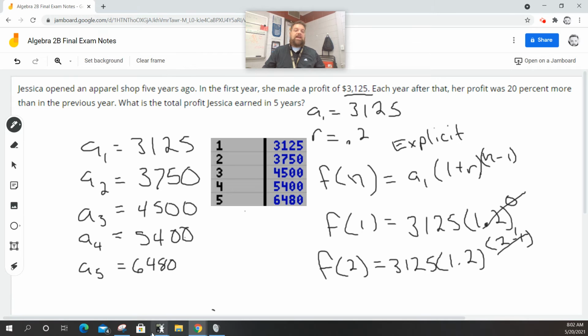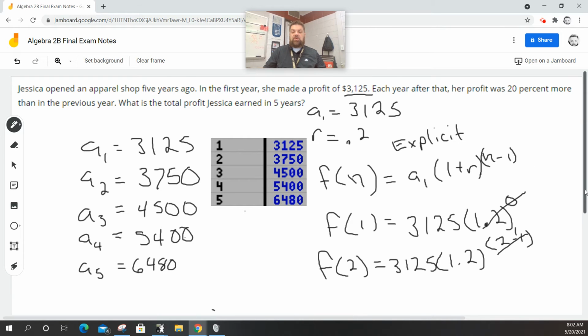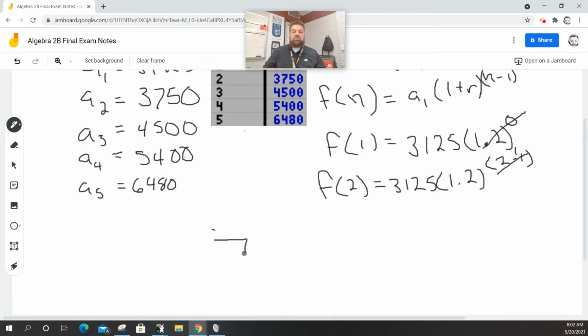Okay. Now we've got to add all that up to figure out what it is. But this is a summation, so we can do this whole thing by just doing the summation of the explicit form, letting n equal 1 to 5, and then 3,125 times 1.2 raised to the n minus 1.